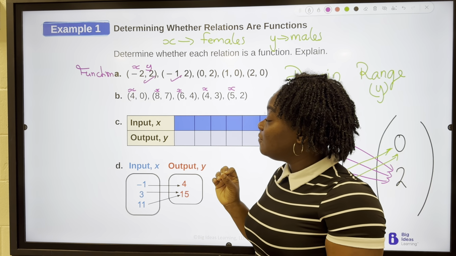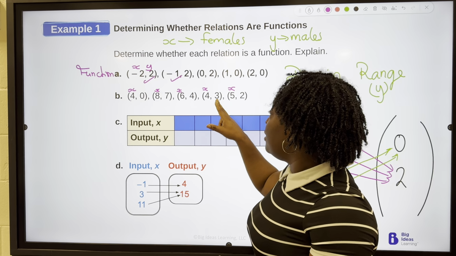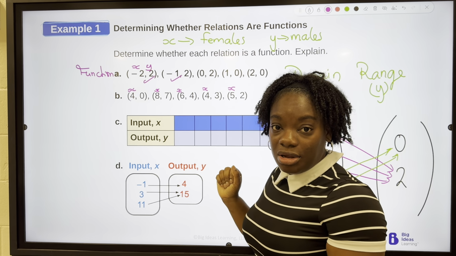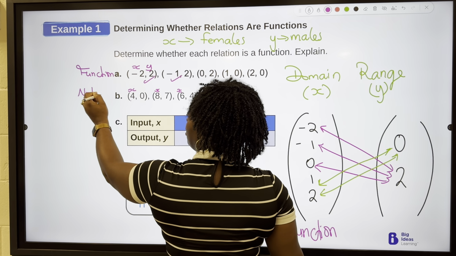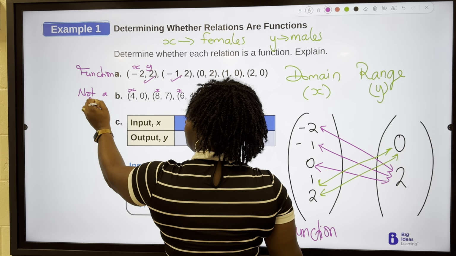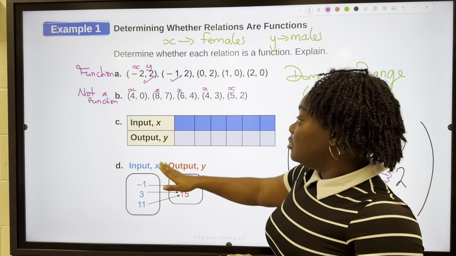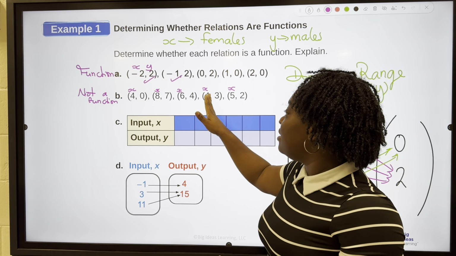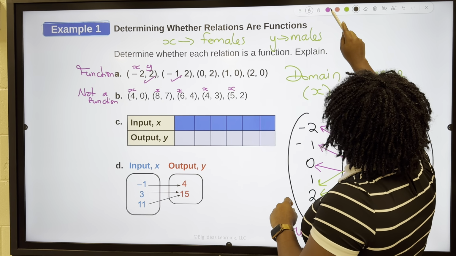Who are the husbands for 4? Husband 0 and husband 3. All right, so it means then that this relation is not a function, because once the x is repeated, it's not a function.